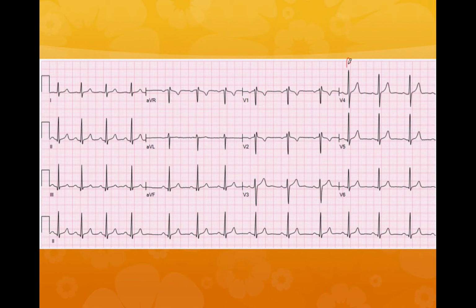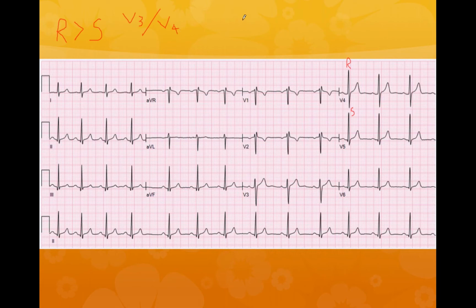This is the R and this is the S wave. If this happens in V3 or V4, then this is fine. This is normal R wave progression. This is part of how we define R wave progression: R is greater than S in V3 or V4.